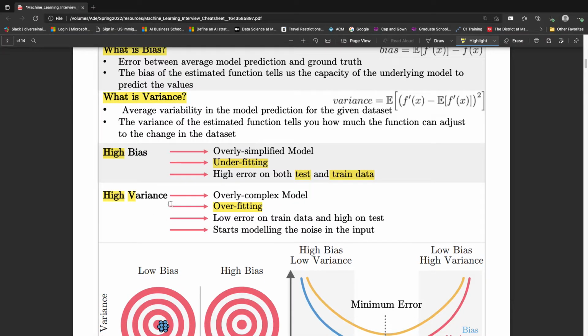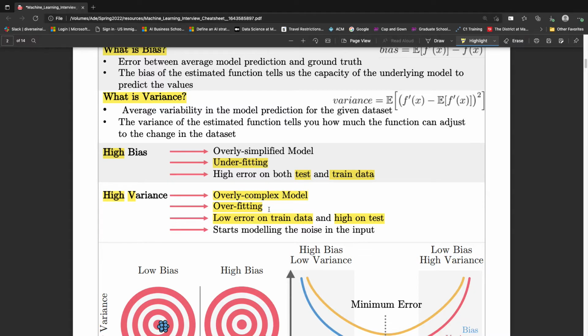But in the case of high variance, you have low error on your train data, but high error on your test. That means your model is doing extremely well on your train data but badly on your test. This is what we refer to as an overly complex model.